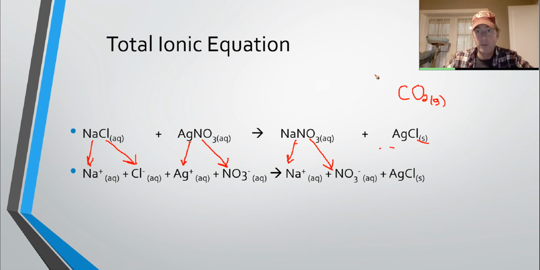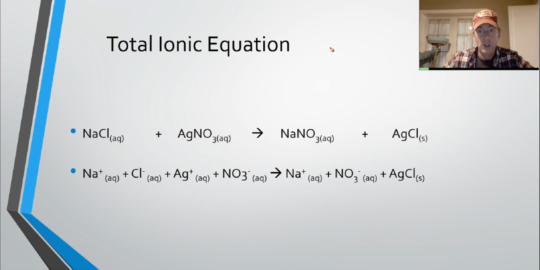And if we had water that was made that is a liquid, that would not dissociate either. Only aqueous states of matter will dissociate, and we show it like this. So as we think about the total ionic equation, it's showing how things are broken up. Basically, just think about aqueous. What does it mean to be aqueous? It's pulled apart in water.